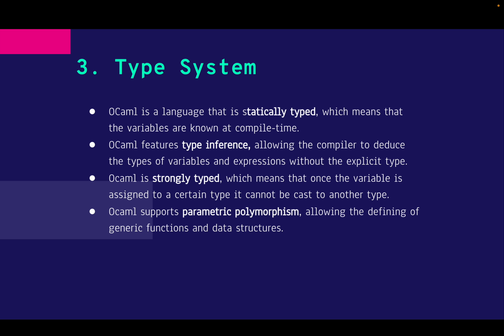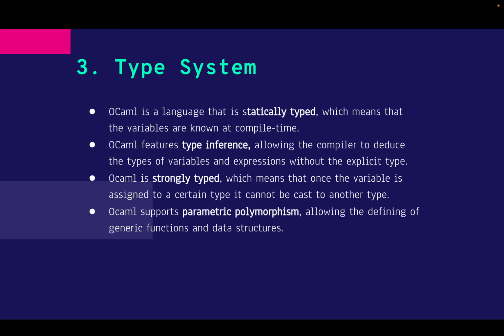Now let's get into one of the main points about functional programming languages and OCaml, which is the type system. OCaml is a language that is statically typed, which means that the types of variables are known at compile time. OCaml features type inference, allowing the compiler to deduce the types of variables and expressions without explicit type annotations.